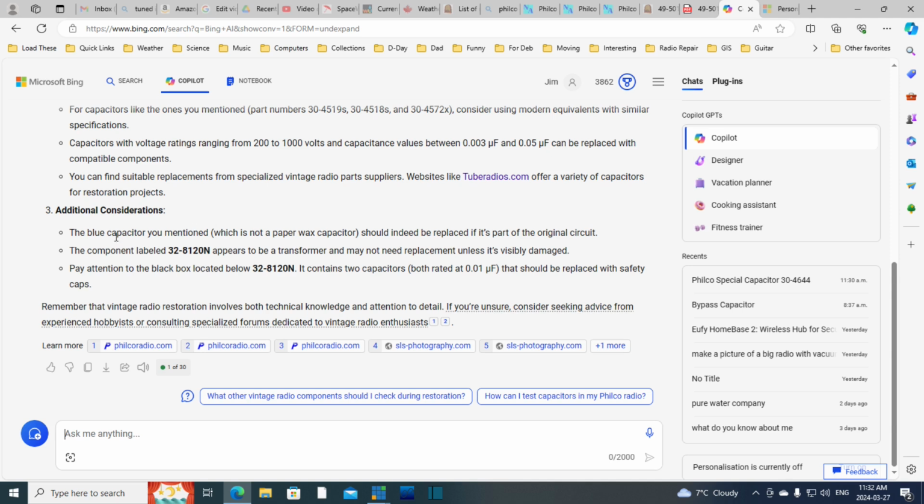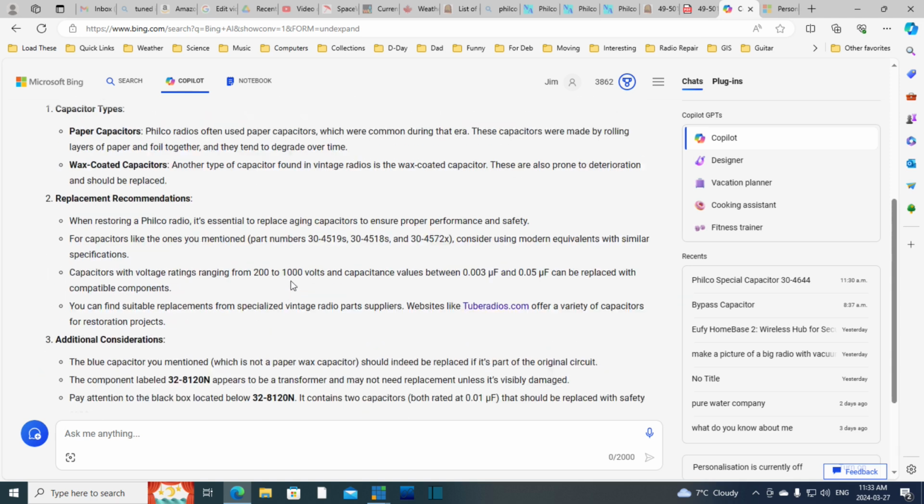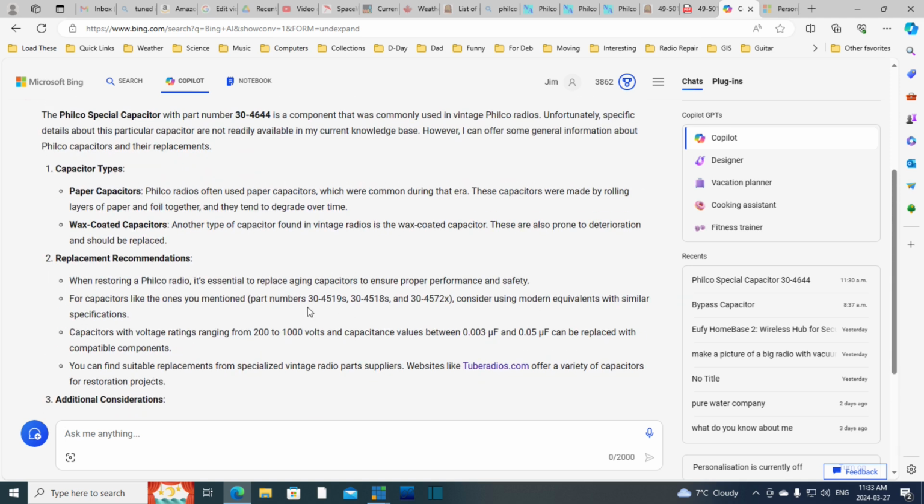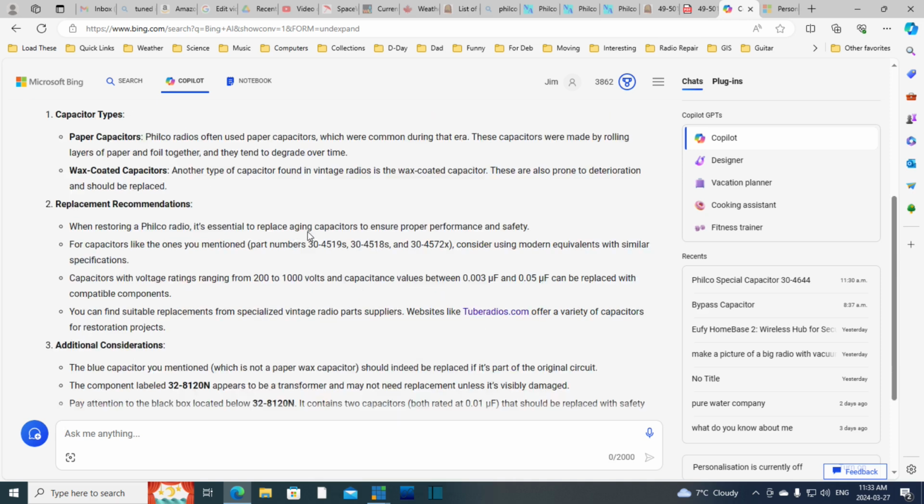Well, I didn't mention anything about a blue capacitor. The component labeled blah blah appears to be a transformer. What? What are you talking about? Pay attention to the black box located what? It contains what? So, yeah, AI goes off track quite regularly in doing these things. So anyway, this didn't help.